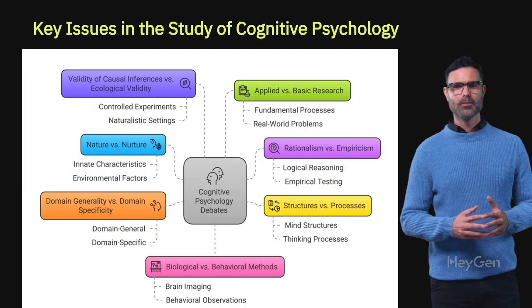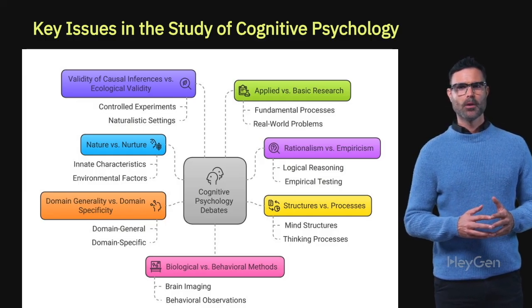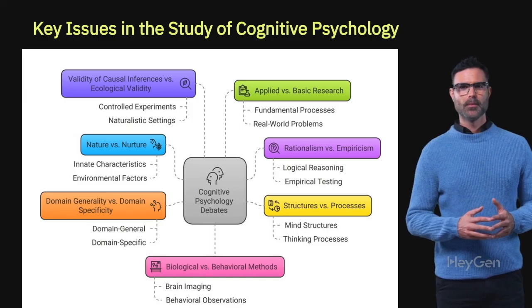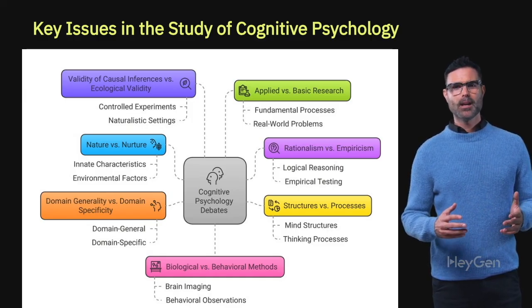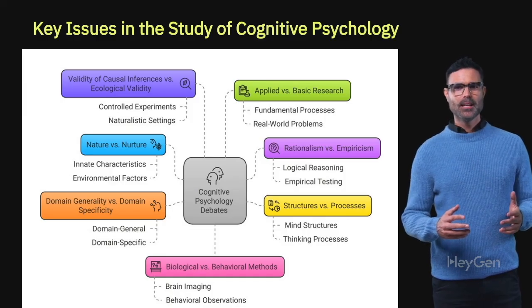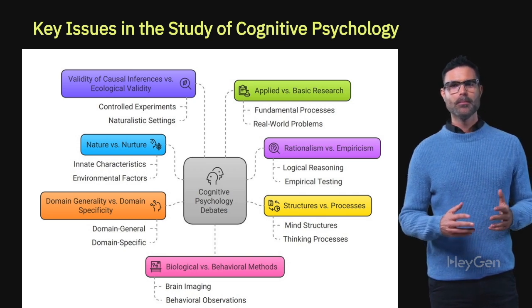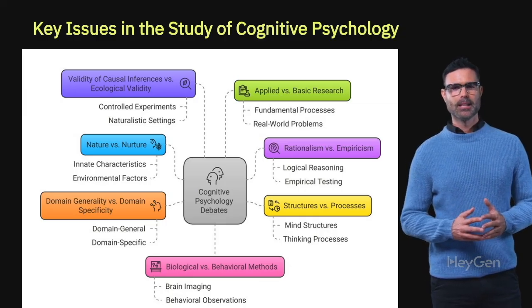Validity of causal inferences versus ecological validity. Should research prioritize highly controlled experiments to strengthen causal inferences? Or should it emphasize ecologically valid methods, studying cognition in naturalistic settings that better reflect real world experiences? Applied versus basic research. Should we focus on basic research that examines fundamental cognitive processes for theoretical understanding?